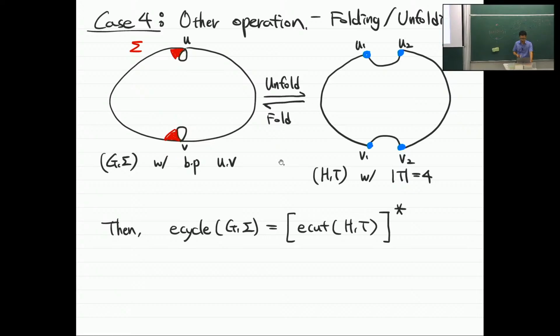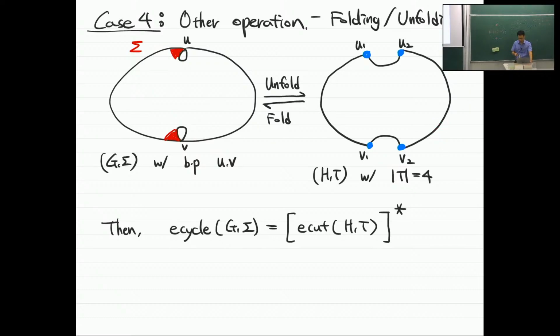Then for unfolding, we split U into U1 and U2 according to the sigma, and we split V into V1 and V2 according to sigma. So every odd edge adjacent to V is now incident to V1, and every even edge adjacent to V is now adjacent to V2.